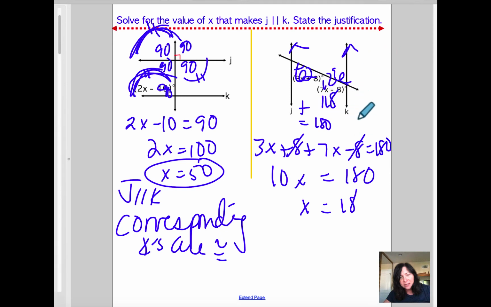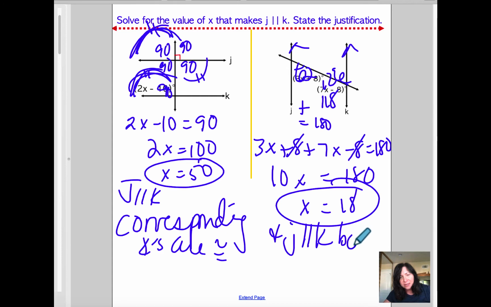And so I would add 118 plus 62. Does that equal 180? It does. Therefore, x equals 18, and J is parallel to K because the same side interior angles are supplementary. That's how you say it.